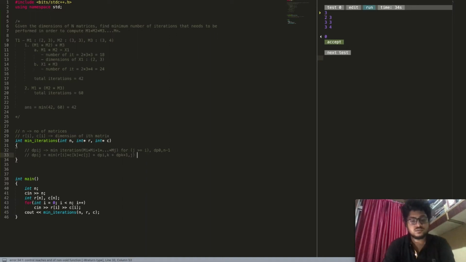This was defined for all k between I to j minus 1 inclusive. So this is how we define our recurrence relation in this case.